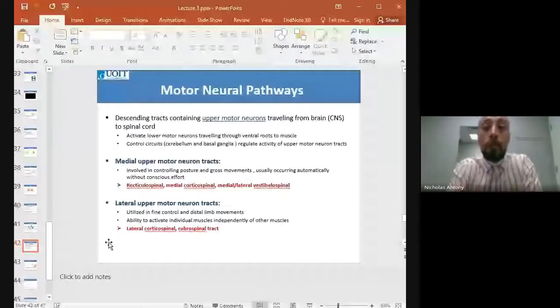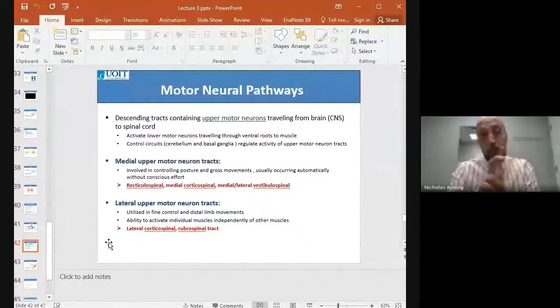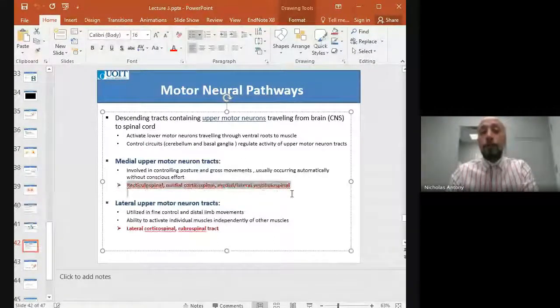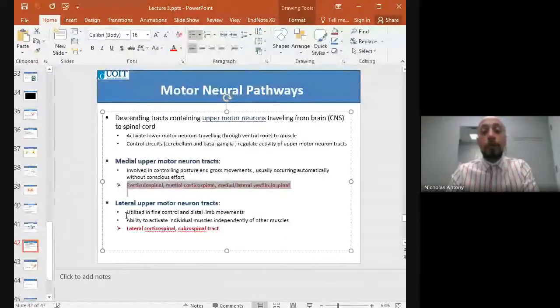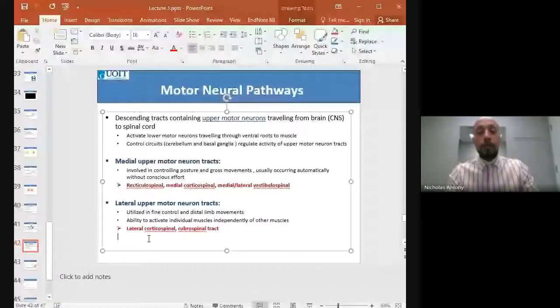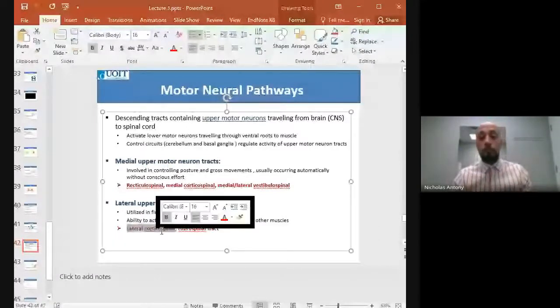And then we had our motor tracts. That was motor information coming from the brain or the motor planning areas out to the lower motor neurons. We had our medial upper motor neuron tracts, responsible for core and posture muscles. And then we had our lateral upper motor neuron tracts, specifically the lateral corticospinal, which is the most important, and that's for fine control.